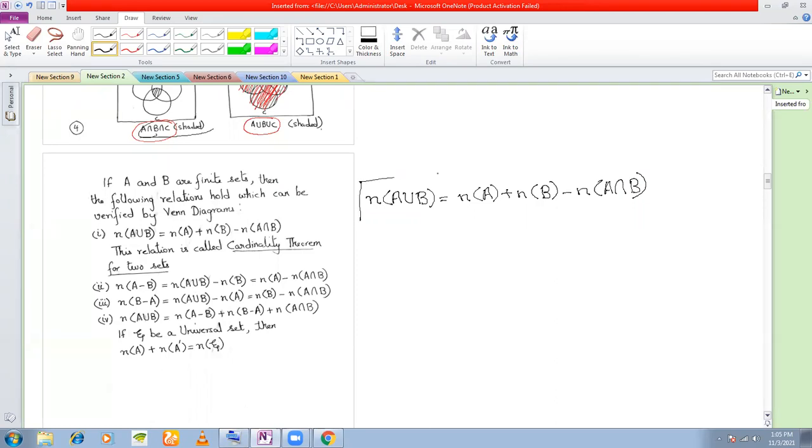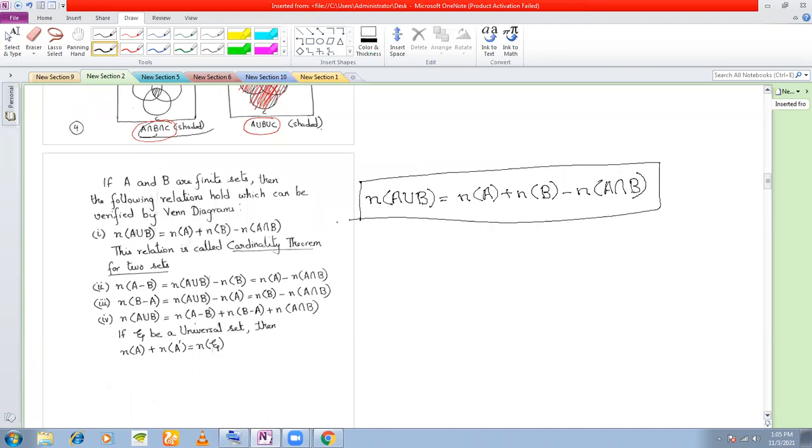Remember, it is a very important theorem. You will be applying it later on. You have a lot of applications of this later on, even in probability.